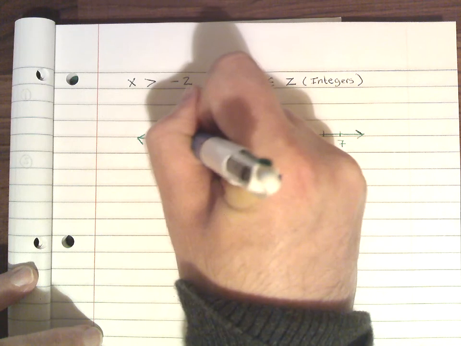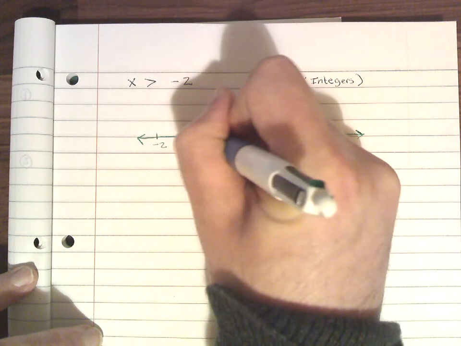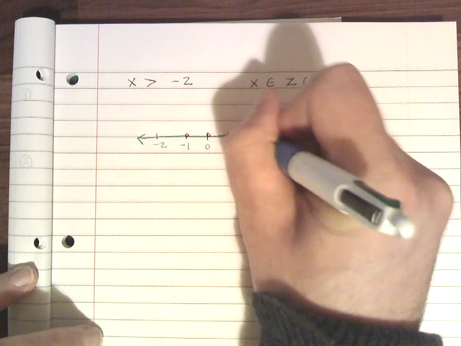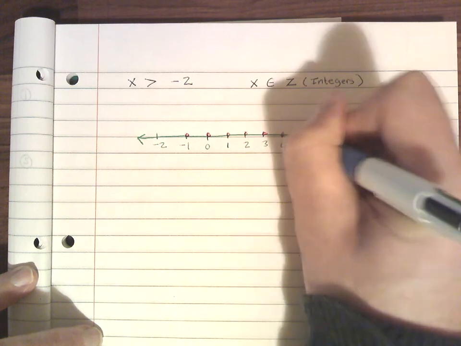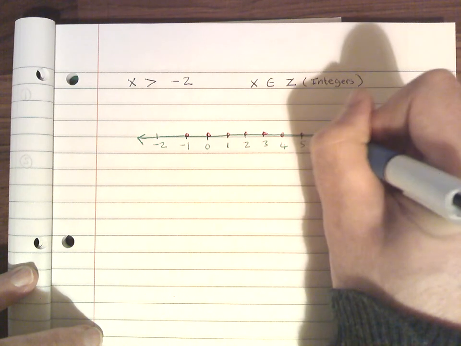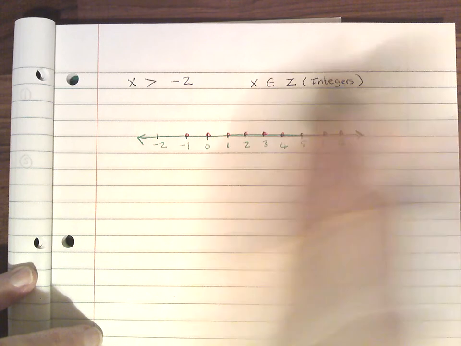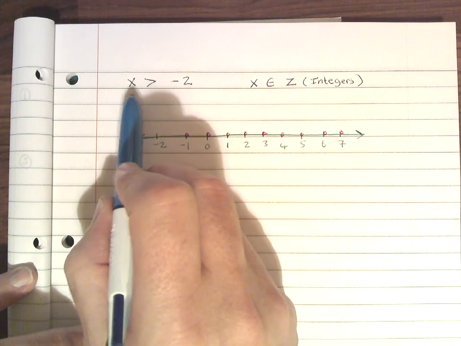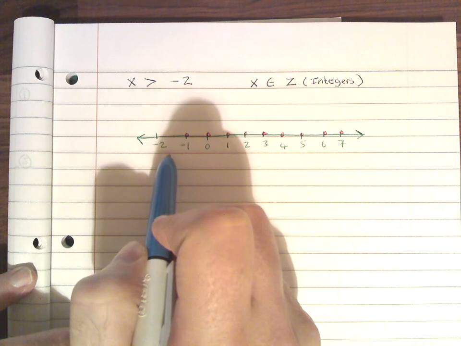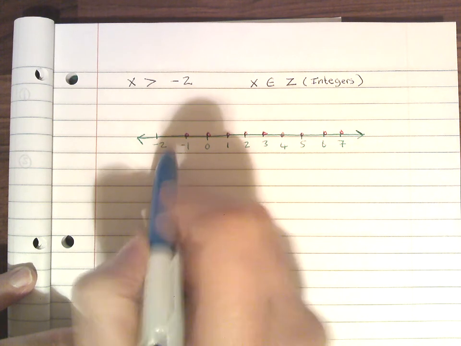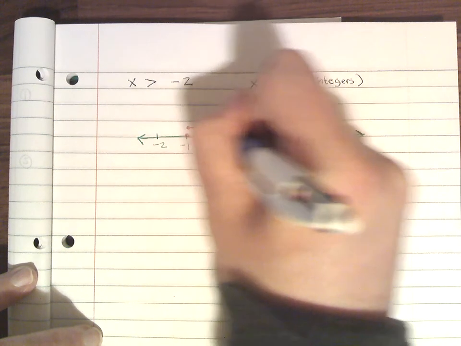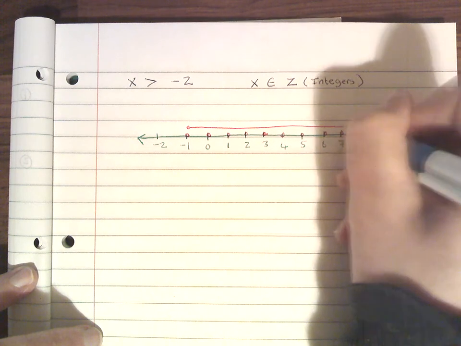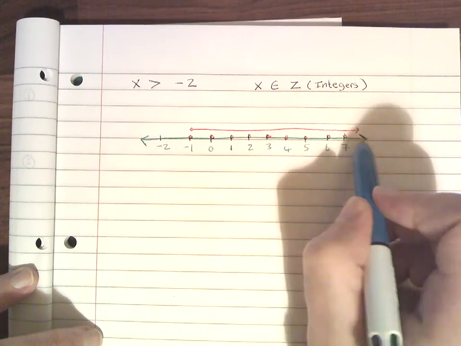So we're talking about this one here, this one here, this one here. All of these ones that I'm drawing a red dot on are represented by this inequality. They're all the values that are greater than -2, the whole way right up, and that will continue on indefinitely.